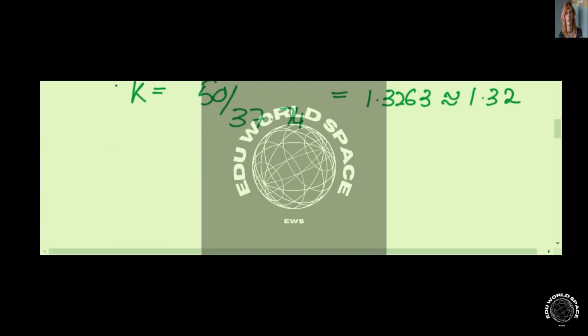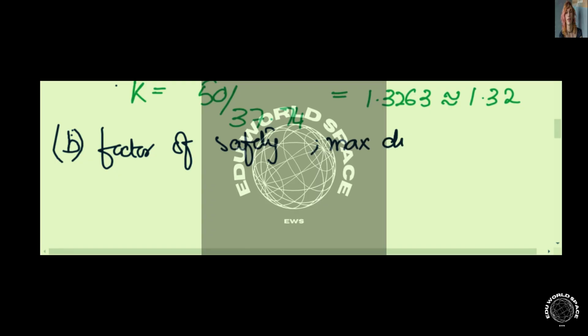Now next we have to solve part B. In part B, we need to solve the factor of safety considering the maximum distortion energy theory.